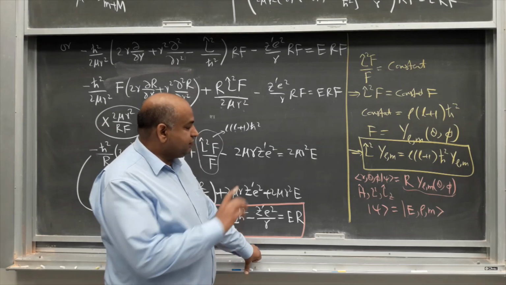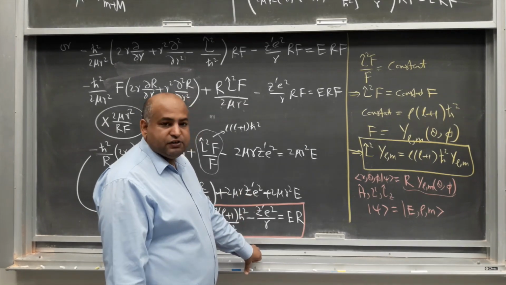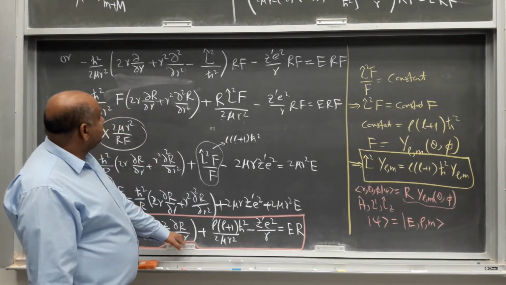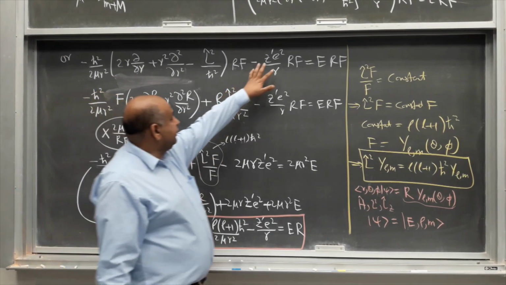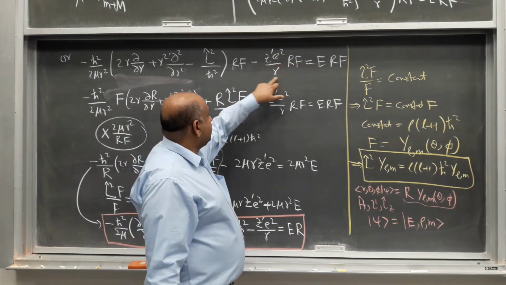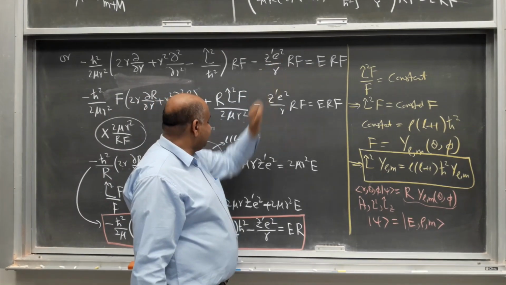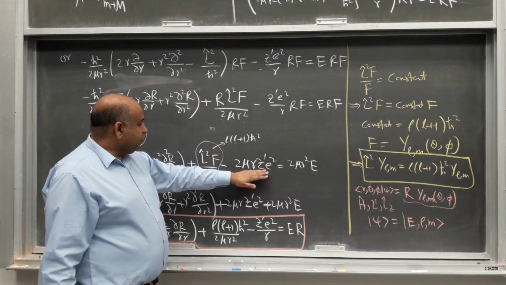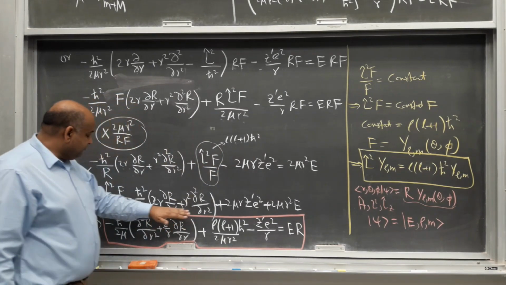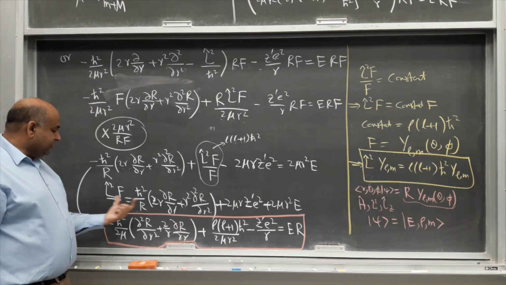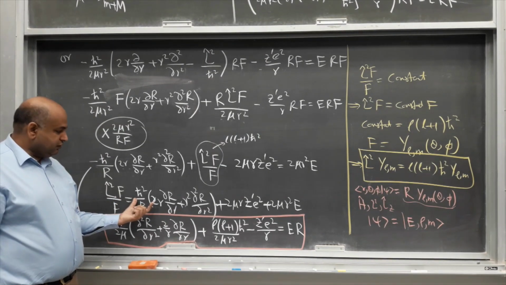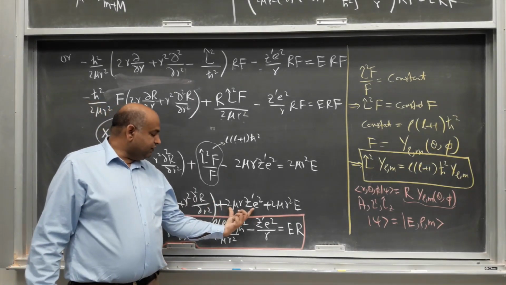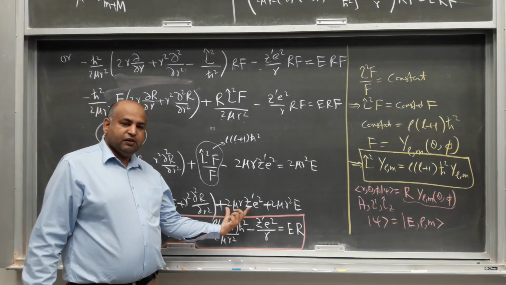It's important that this is only valid for a spherically symmetric potential, that is, our potential is independent of theta and phi, because if this potential term had theta phi inside it, we wouldn't be able to use the argument that this and this both have to be equal to a constant, because then it would have depended on what kind of theta phi dependence the potential has.